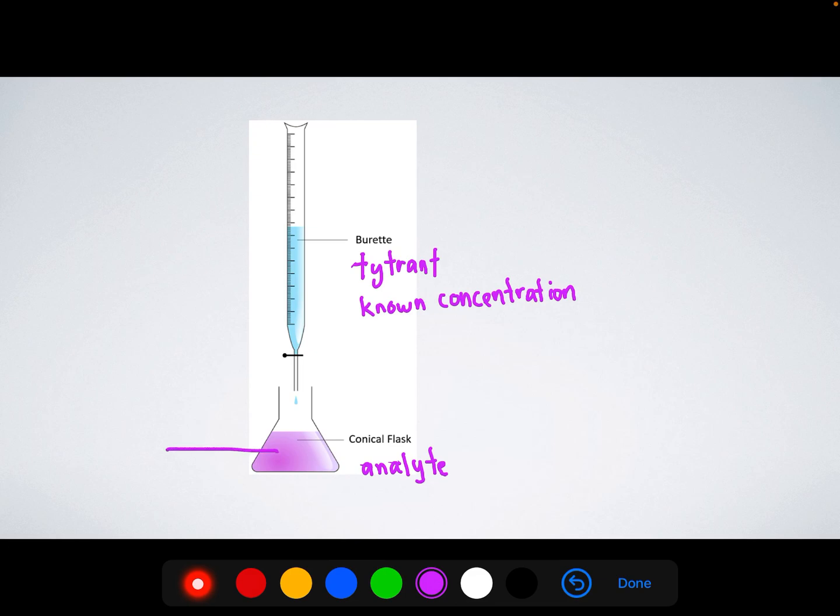So we will monitor the pH change that happens in the conical flask, and we are going to construct a graph representing the changes of the pH inside the conical flask.